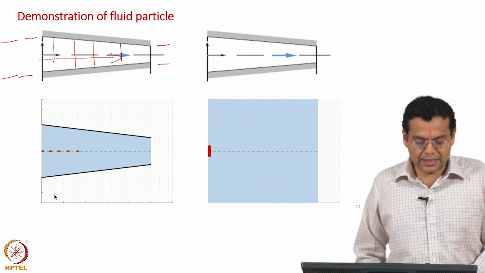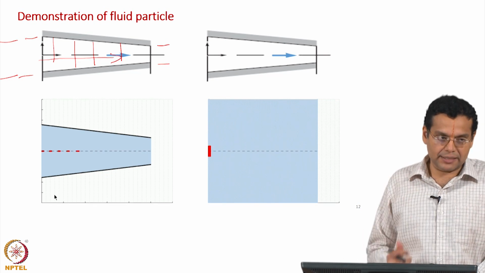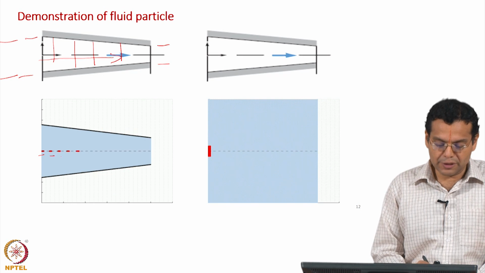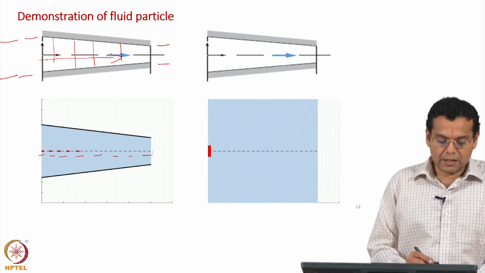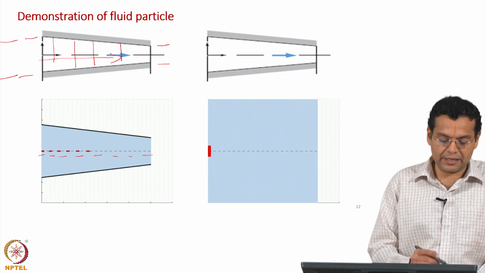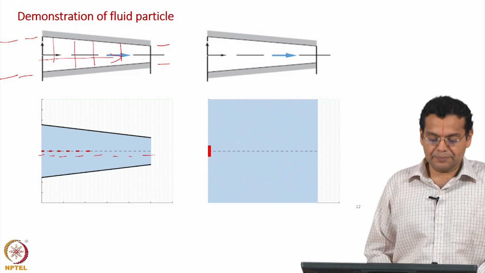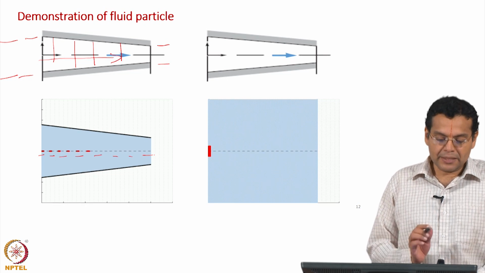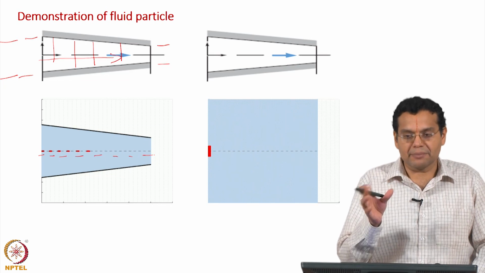What I have shown here is once again a large number of molecules dyed with red, and I am tracking that fluid particle along the length of this channel. This is what we saw earlier also: we identified a group of molecules and tracked them along the region of interest. Now, if you observe this carefully, the locations of the particles shown here are at constant time intervals.